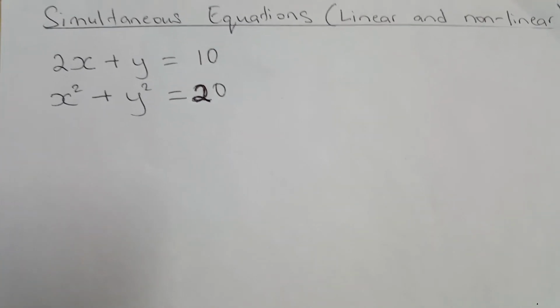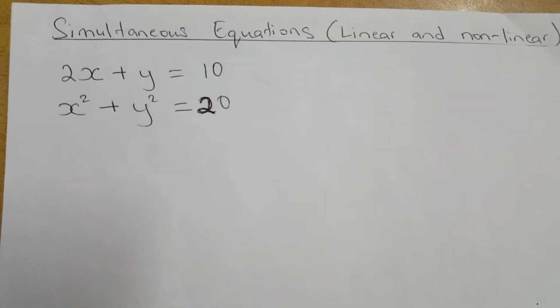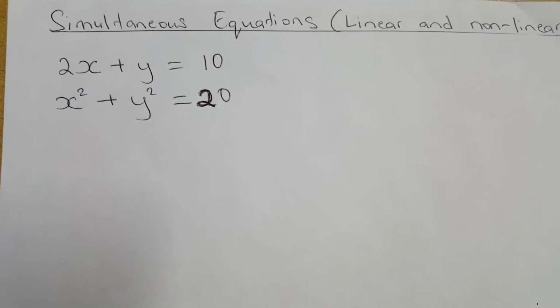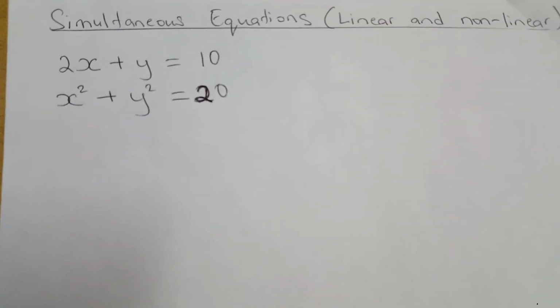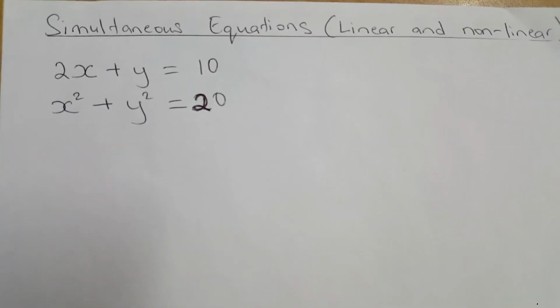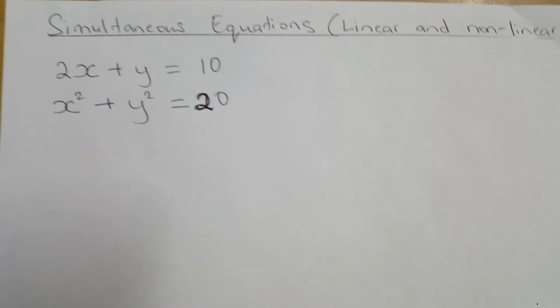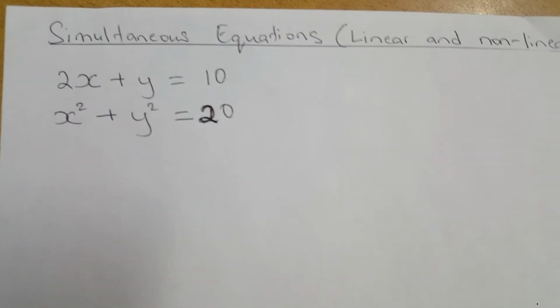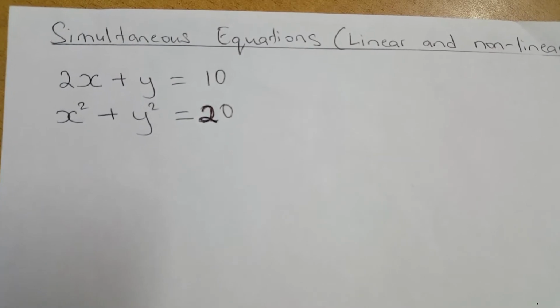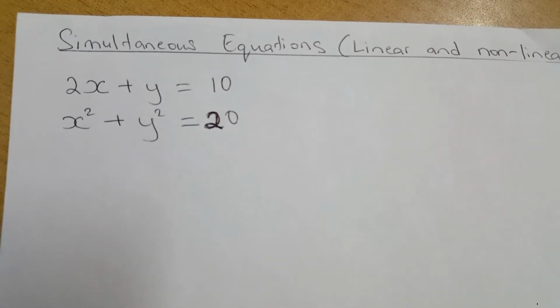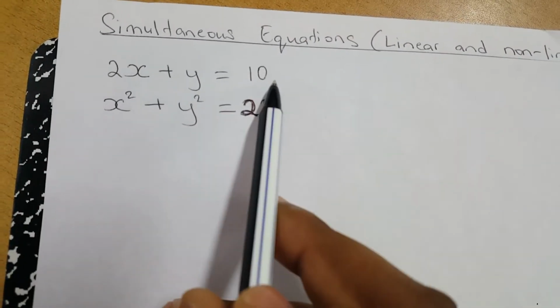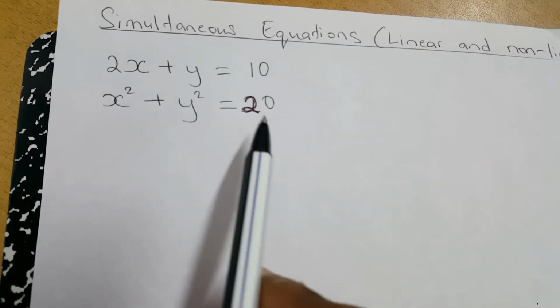Okay, so before we can even start the question, it's important to find out which of these is the linear equation and which one is quadratic. If you recall, quadratic equations usually have a power of 2. So we have our first equation, equation 1, and equation 2.